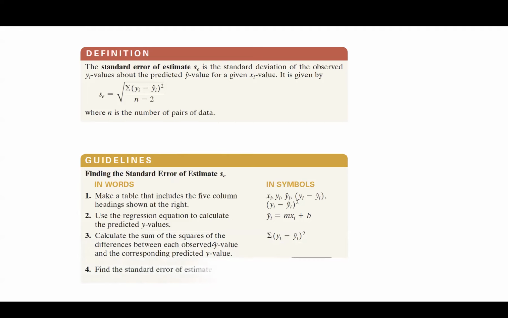So again, all of these can be found using a good library, the standard error of estimate. This is the math behind this.